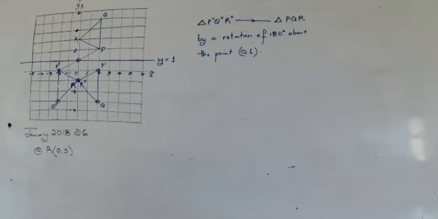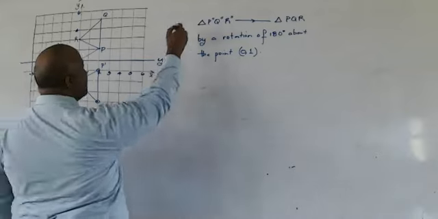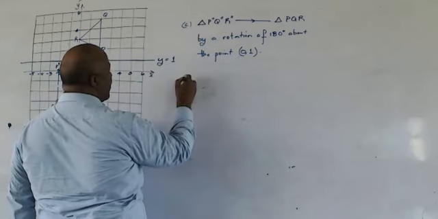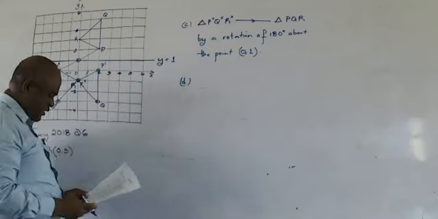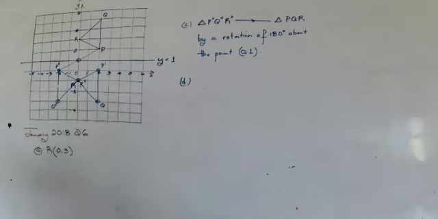Alright, let's do the last part, D. So this was A, this was C, and now let's do D. D says triangle PQR undergoes an enlargement. I like this question, there's so many things in it.